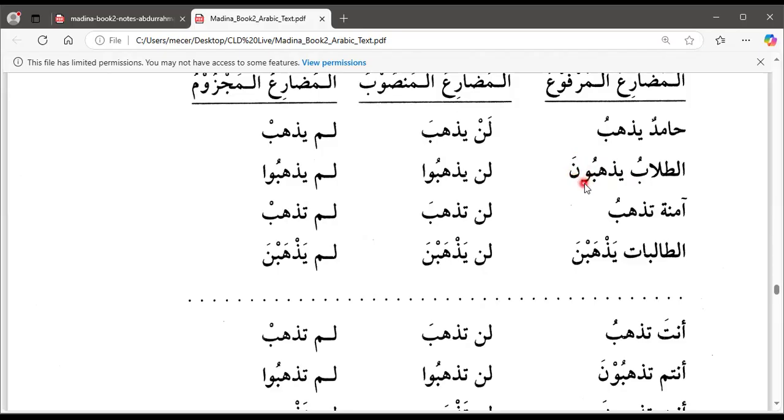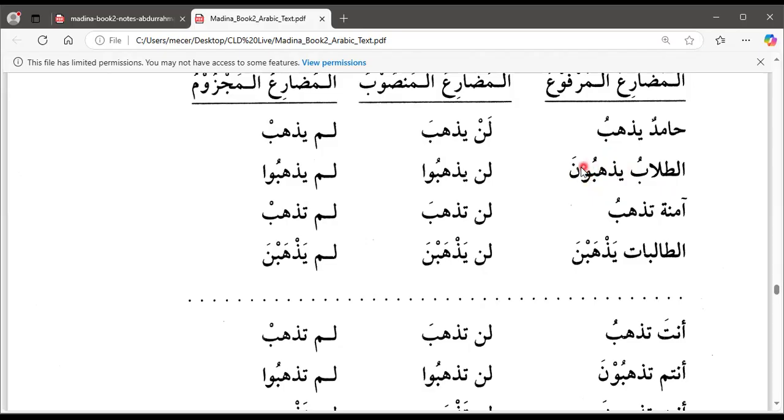And what is this waw? Waw jam'a, which refers to the fa'il and tells us the fa'il is mudhakkar salim.